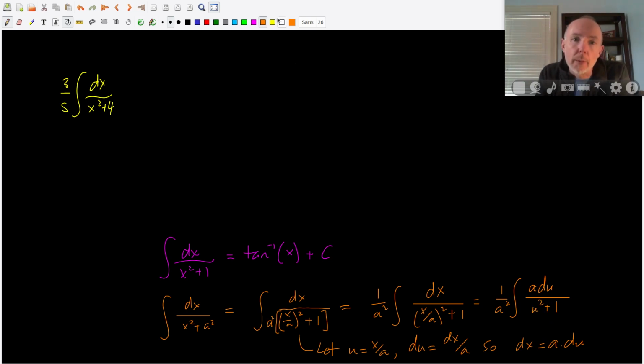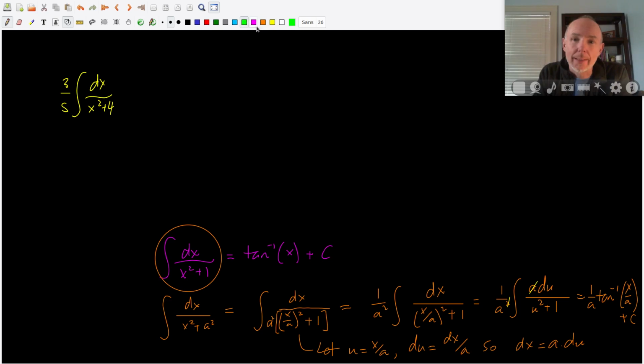Now one of those a's cancel. You can see, I hope, that the a and that a cancel. And so what we're left with here is 1 over a, and then the integral of 1 over, well, basically this integral with u's instead of x's. And so that turns into the inverse tan of u, which is x over a, plus a constant.